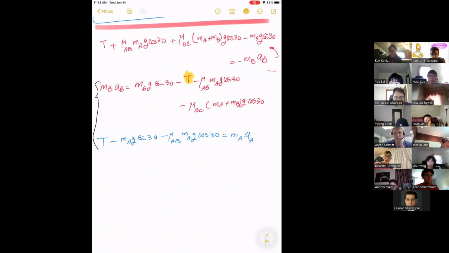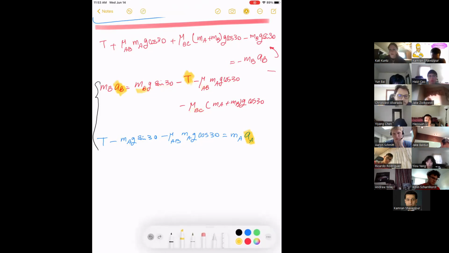I'll say acceleration of A. Acceleration of A. Yeah, we don't know this. If we don't know acceleration of A, we also don't know acceleration of B, right? So technically, everything else like mass, g, sine, mu, is known. So technically, we have 3 unknowns, right? And we have 2 equations.